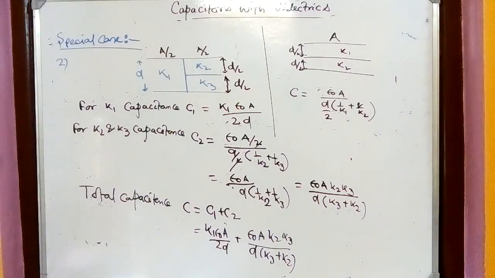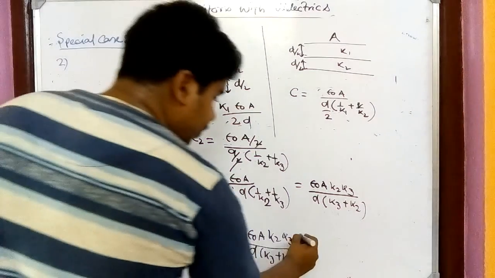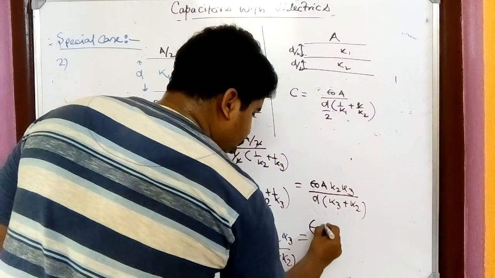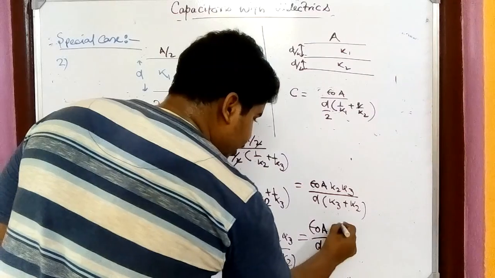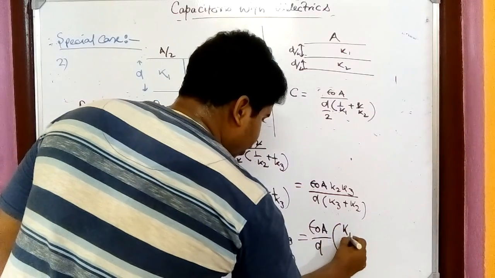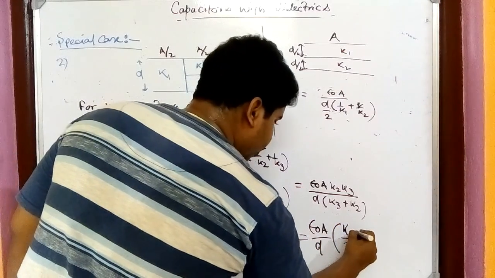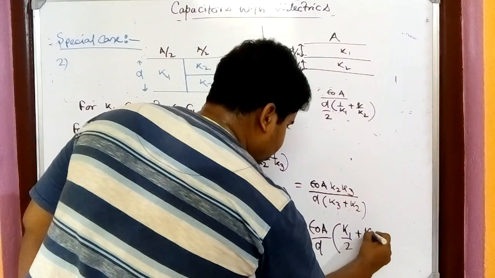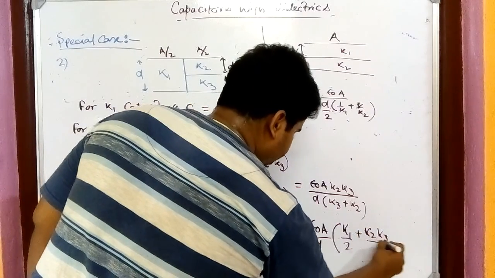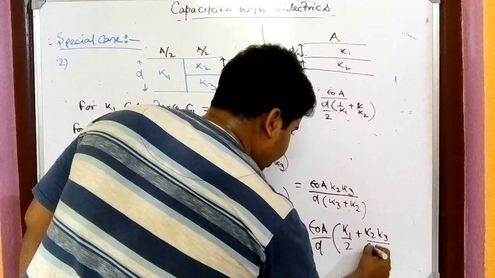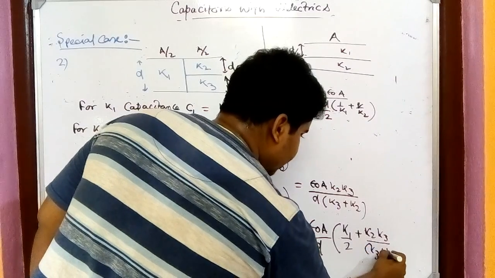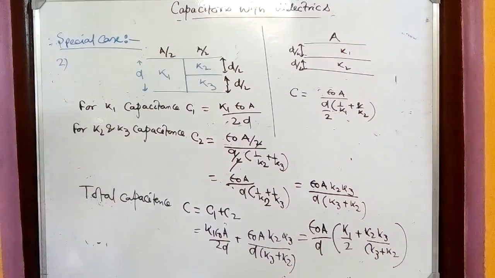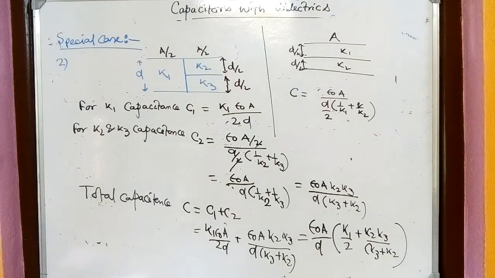Okay, now from here you can take common epsilon naught A by D. So if you take common epsilon naught A by D, it will come K1 by 2 plus K2 into K3 by K3 plus K2. That is the capacitance.